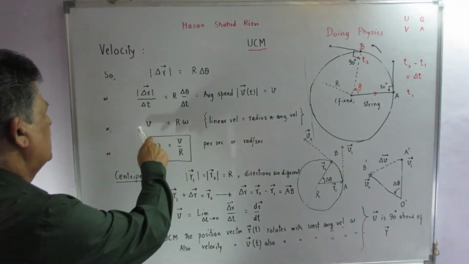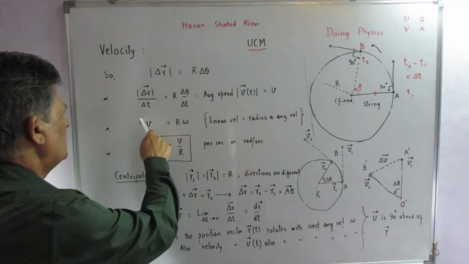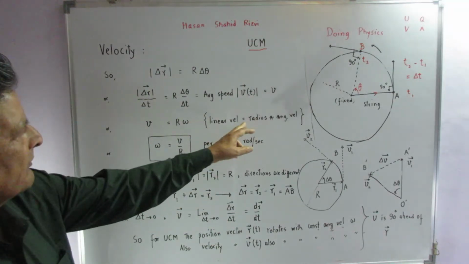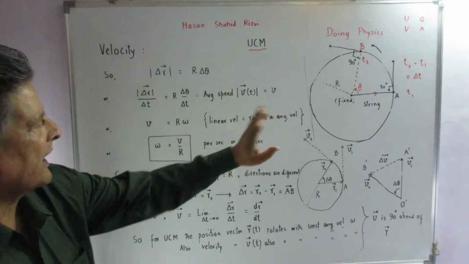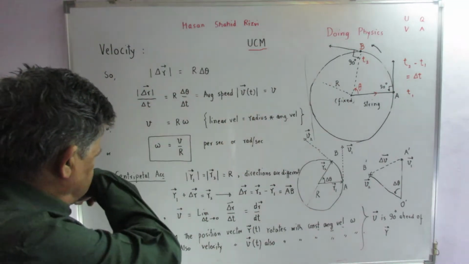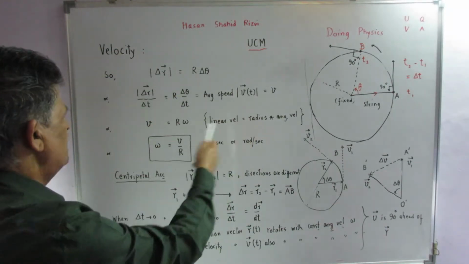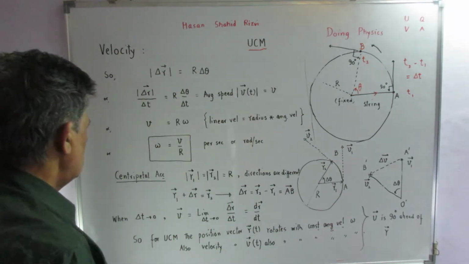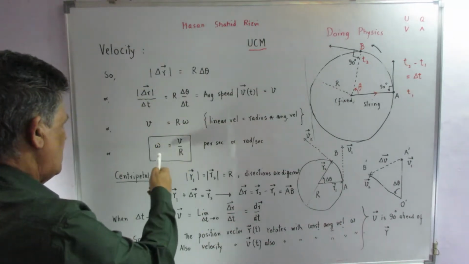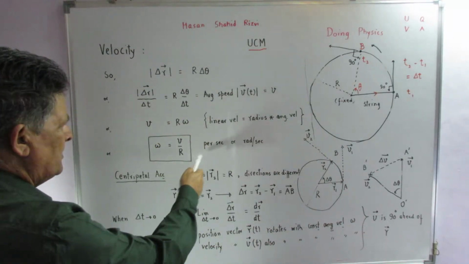Substituting this, the value becomes v equal to r omega, because the linear velocity is equal to the radius of the circle into the angular velocity omega. From this expression I can obtain omega is equal to v upon r radian per second.